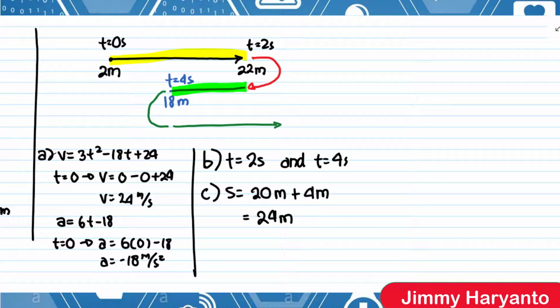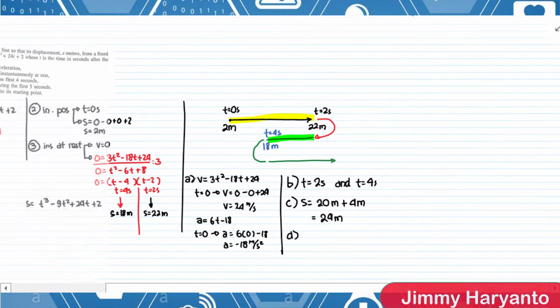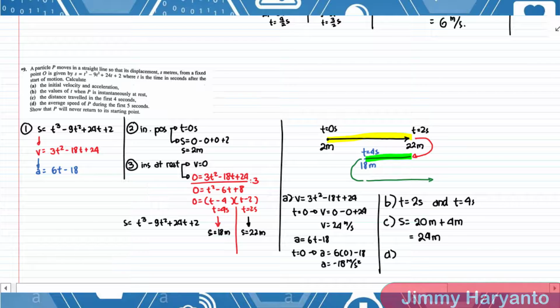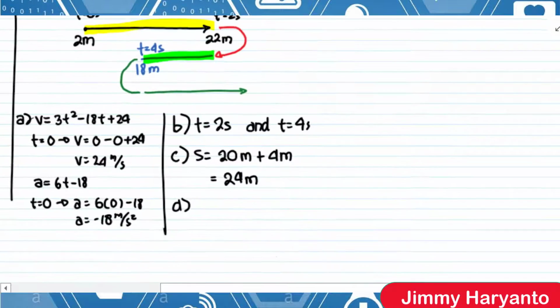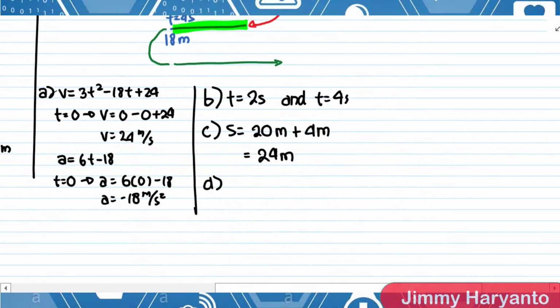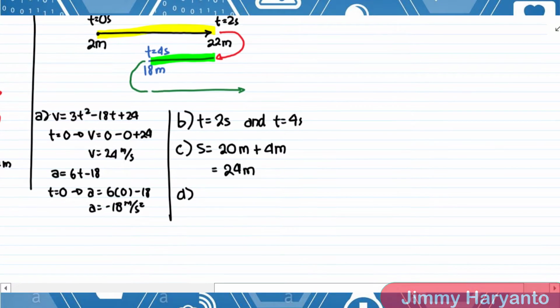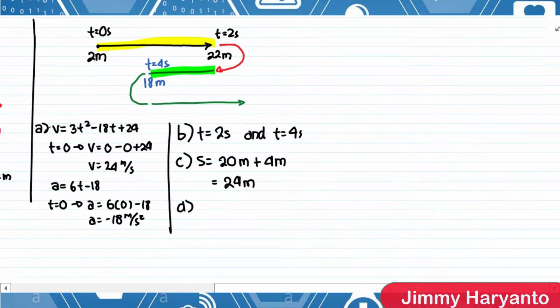The last one is D. We have the average speed of P during the first 5 seconds. For average speed we have to find the distance one more time, this time from 0 seconds until 5 seconds. Because we don't know the position of the particle at 5 seconds, we have to find it first.